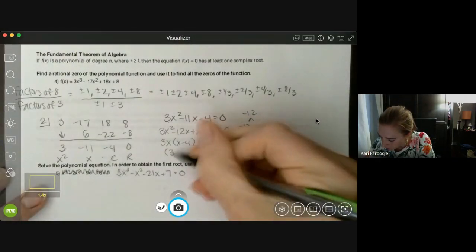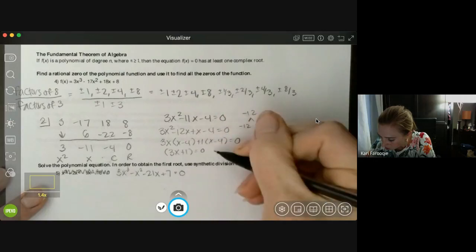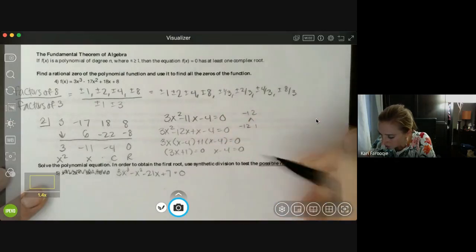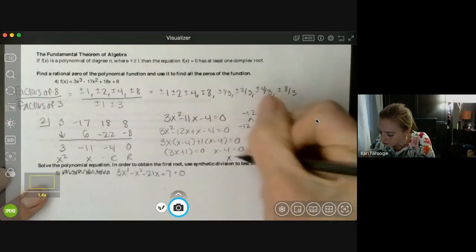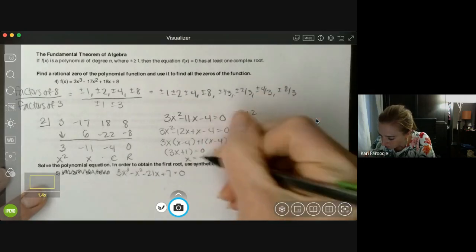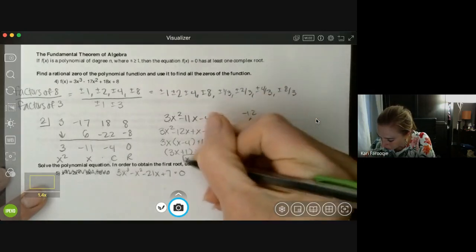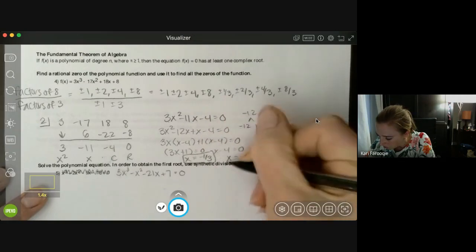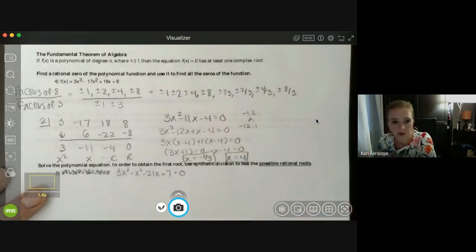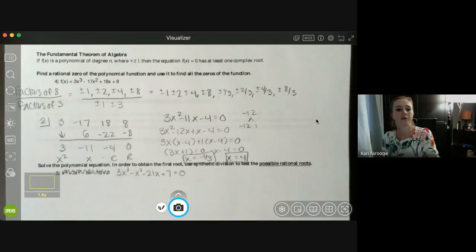So you'll have 3x plus 1 equals 0 and x minus 4 equals 0. There's where that negative 1/3 comes from. Now you have x equals 4, which, if you'll remember from the graph that we saw, those were the other two zeros.